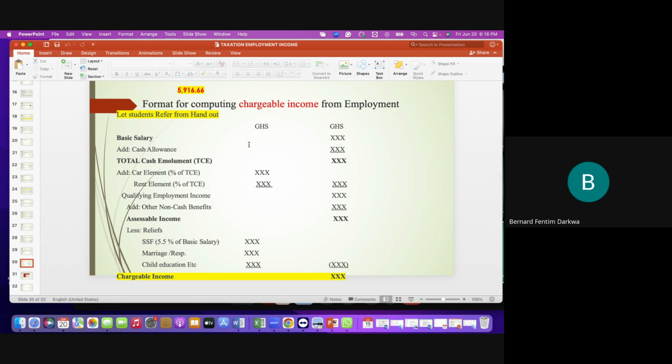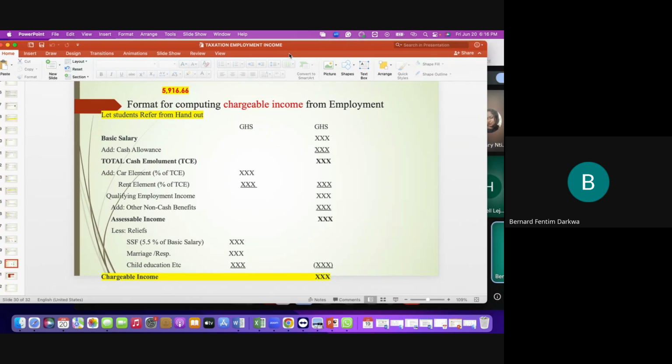With this format, before you calculate the income tax, you have to first calculate the chargeable income, because we have realized that it is not all the taxpayer's income that we calculate tax on.